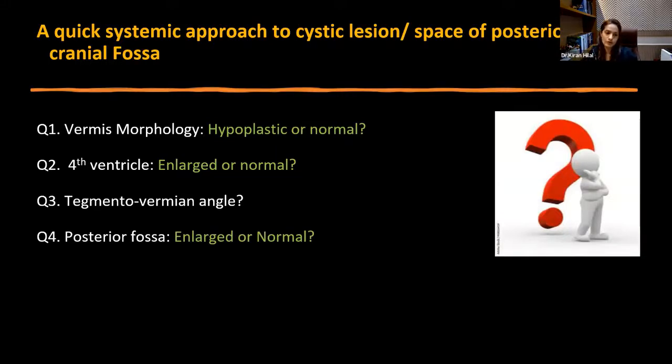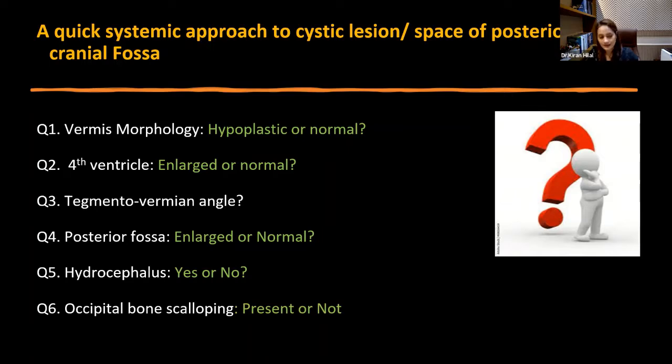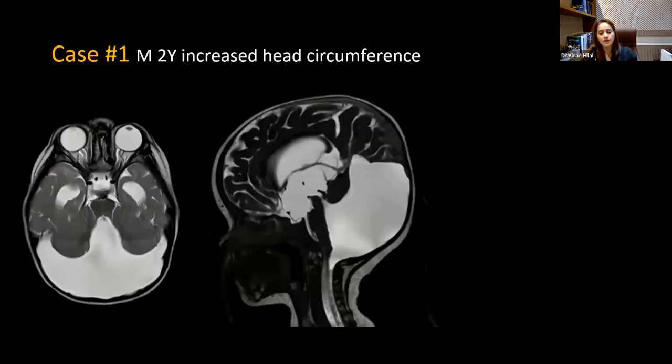The fourth question is whether the posterior fossa is enlarged or not, and whether hydrocephalus is present or not. The last, sixth question is about occipital bone scalloping or any abnormality in the contour of the posterior fossa, especially the occipital bone. Remember, this is my proposed six-question-based approach to cystic lesions in the posterior cranial fossa. Now let's explore our first case with this approach.